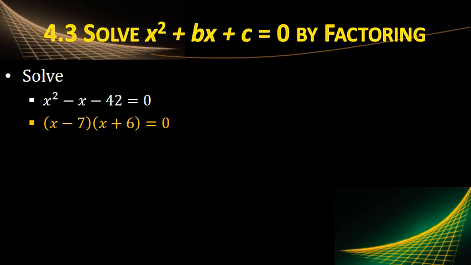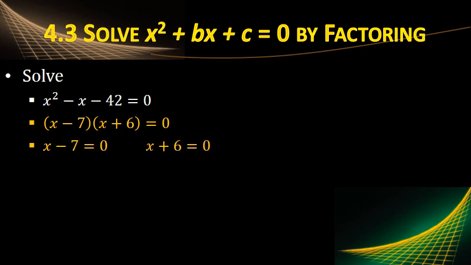What times what makes the x squared? x times x. What times what makes negative 42? Negative 7 and 6. We check that with outers, 6x. Inners, negative 7x. 6 minus 7 gives me the negative 1x. Now it's the checking. It works.